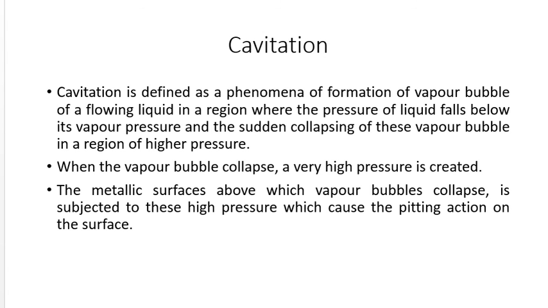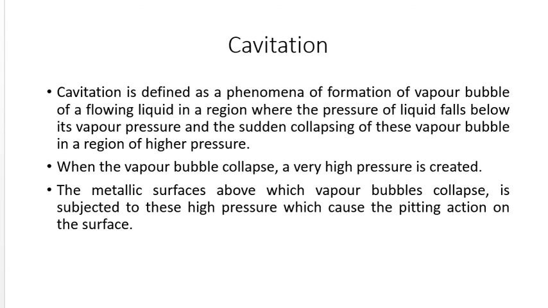Formation of vapor bubbles of the flowing liquid takes place only whenever the pressure in any region falls below vapor pressure. When the pressure of the flowing liquid is less than its vapor pressure, the liquid starts boiling and vapor bubbles are formed. These vapor bubbles are carried along with the flowing liquid to a higher pressure zone, where the vapors condense and the bubbles collapse.